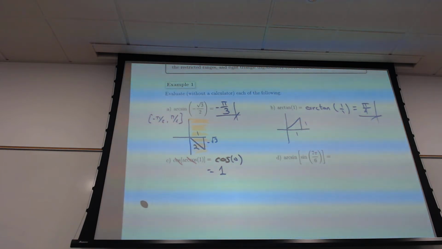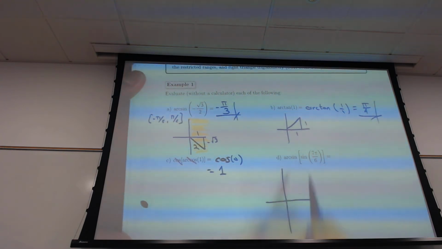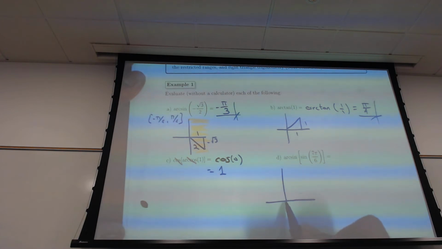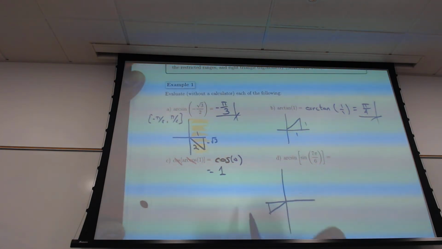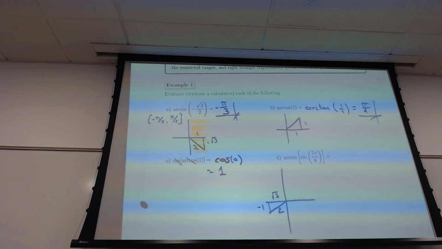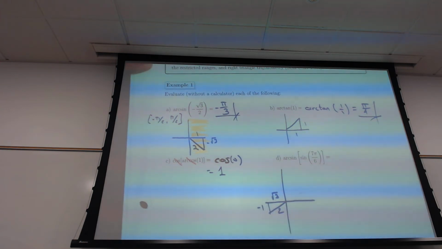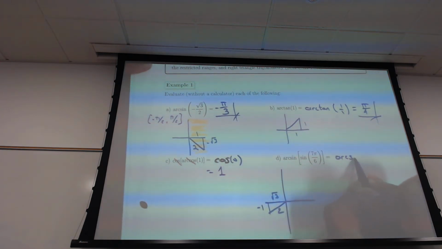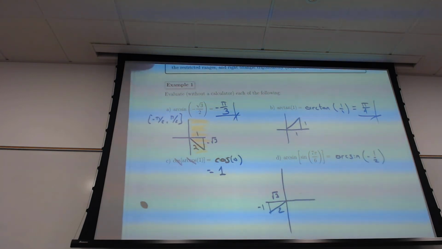It would work, of course, to draw a Cartesian plane. 7 pi over 6, I believe, is right here, and I believe this is going to be -1/2, root of 3 over 2. So sine of 7 pi over 6 is -1/2.